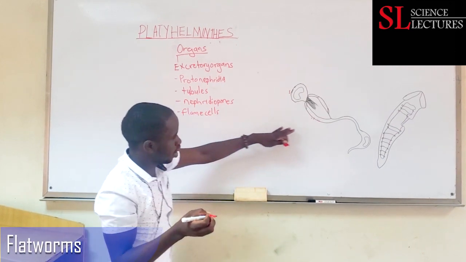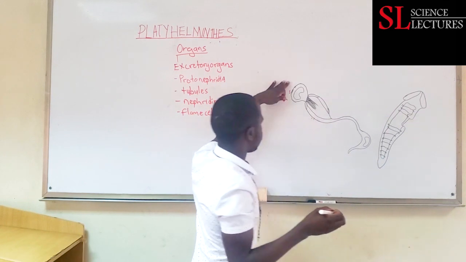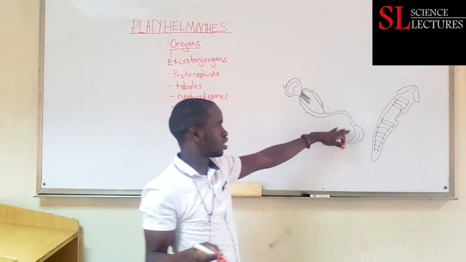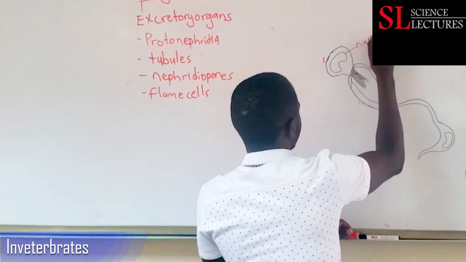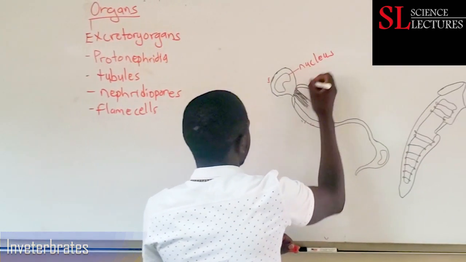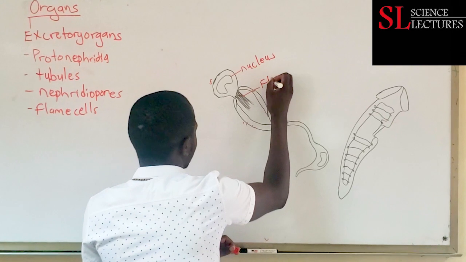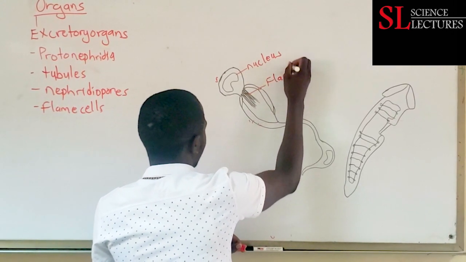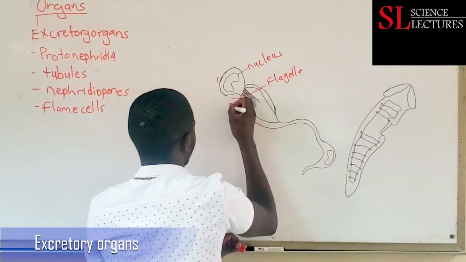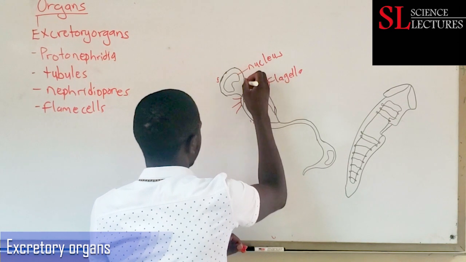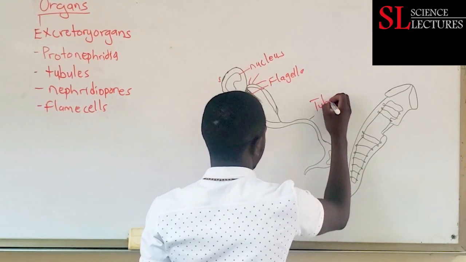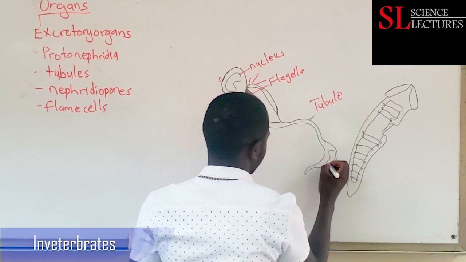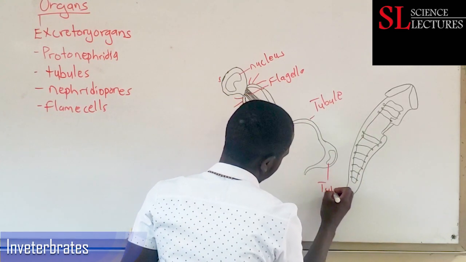So what we have here is the outer structure of a flame cell with the tubules. This is my nucleus. These are flagella. In fact, we have also flagella this side. Then this is what we call a tubule, and this is a tubule cell.